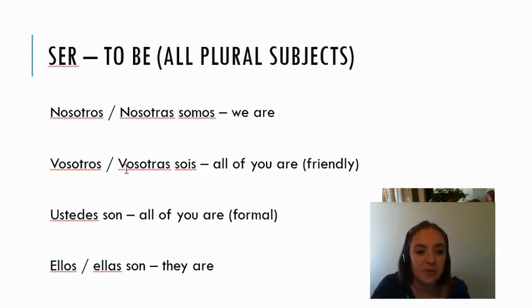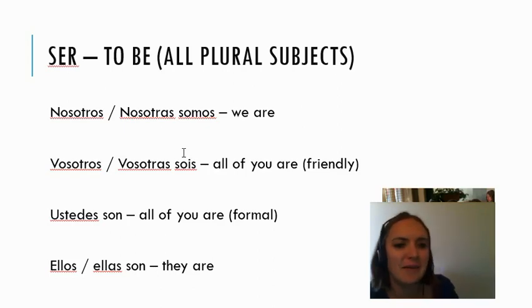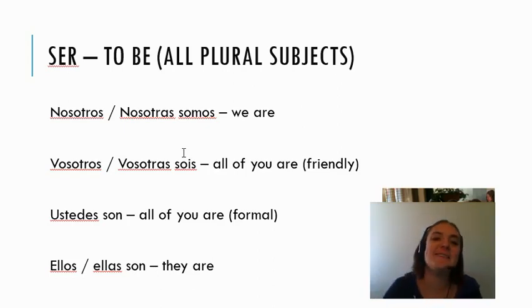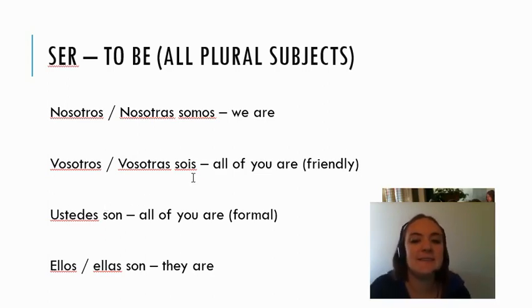Next group, vosotros, vosotras, means all of you, your friends. So you've got vosotros or vosotras sois. Let's say I'm talking to my friends and I'm saying, oh, you guys are funny. I'd say vosotros sois cómicos. You guys are funny. Next group is ustedes. That means all of you, but it's very, very formal. It says ustedes son.